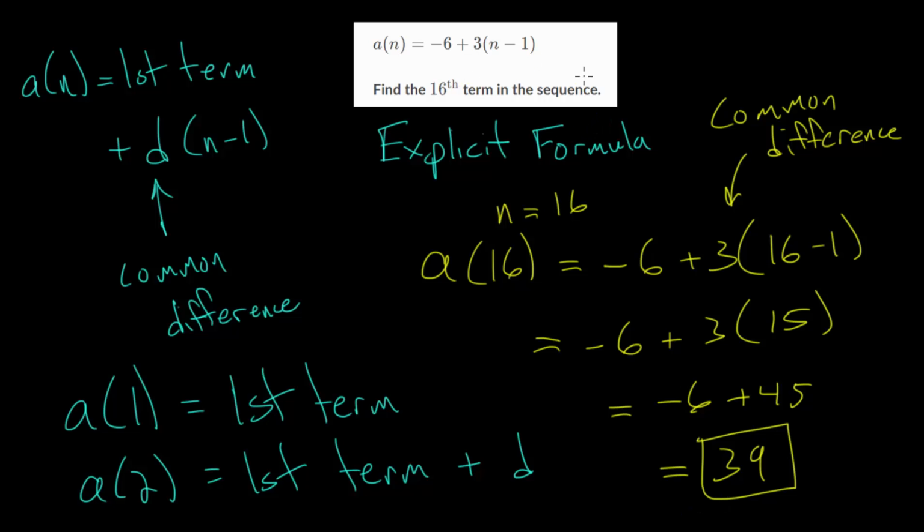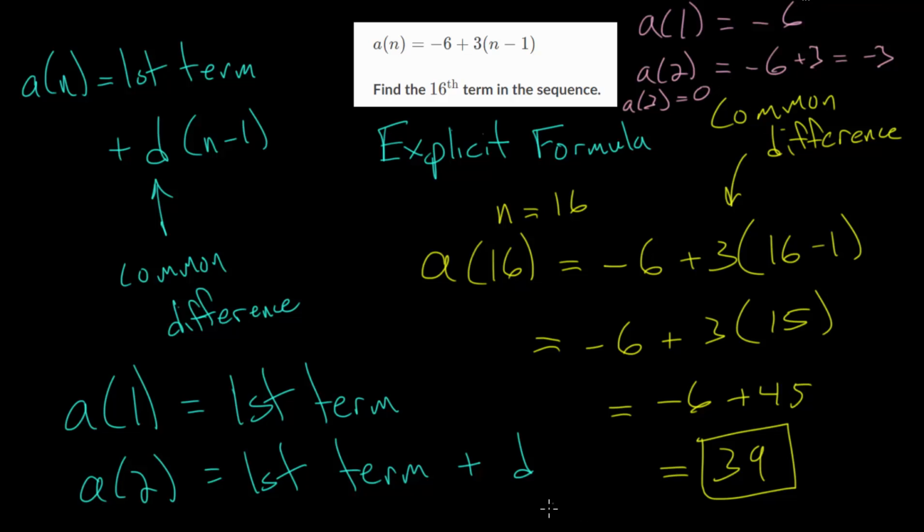And you could, of course, generate the whole sequence for yourself, since you can just start with A of 1. We know that's minus 6. A of 2 is minus 6 plus 3, since 2 minus 1 is 1, which, of course, is just minus 3. A of 3, you can calculate, would be 0.